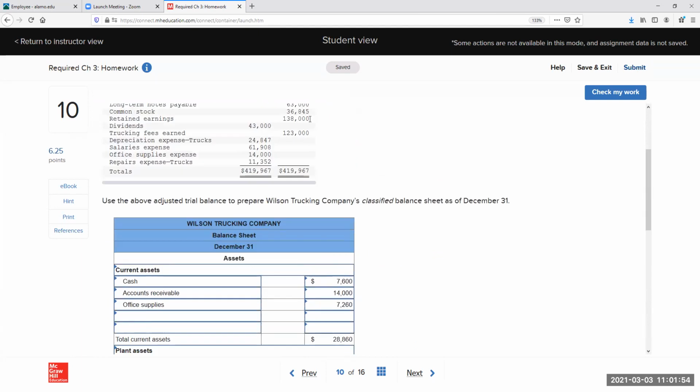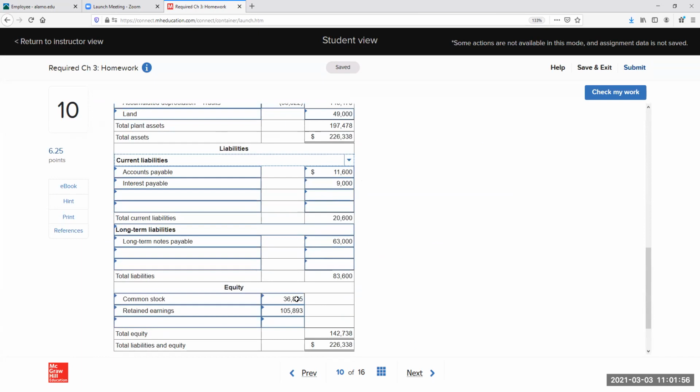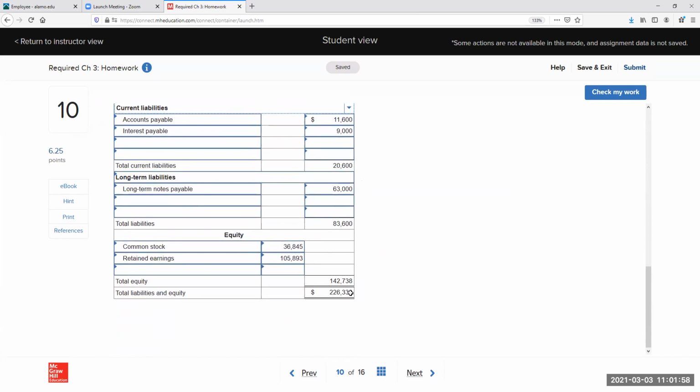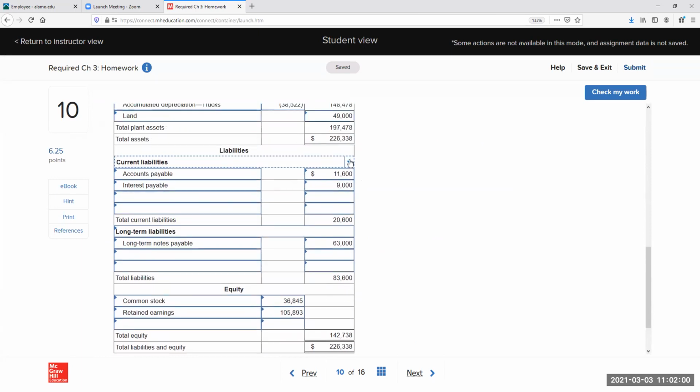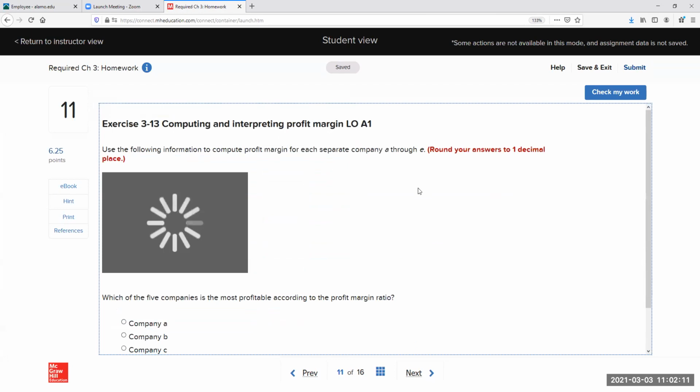And the stock is 36,845. So then let's see, what am I off? No, they balance. Okay, I was scared to death. Didn't balance for y'all. Okay, they balance, 226,000. All right, that's number 10.